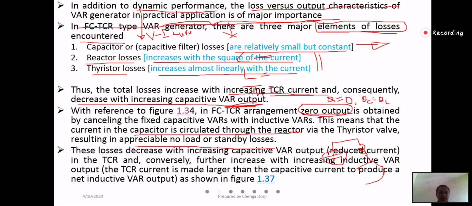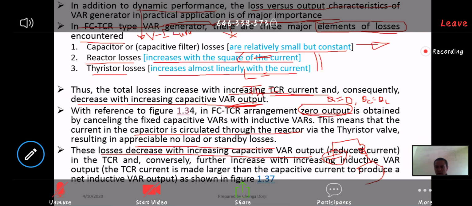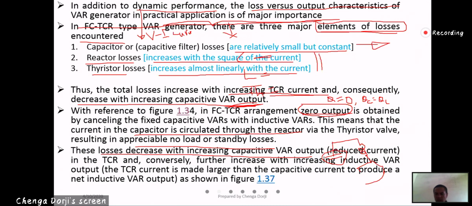Then these losses decrease with increasing capacitive VAR output, meaning reduced current. When you reduce the current here, the current flowing through the reactor will also reduce. How do you reduce the current through this one? By increasing alpha.